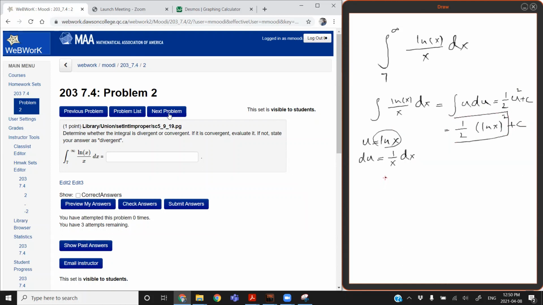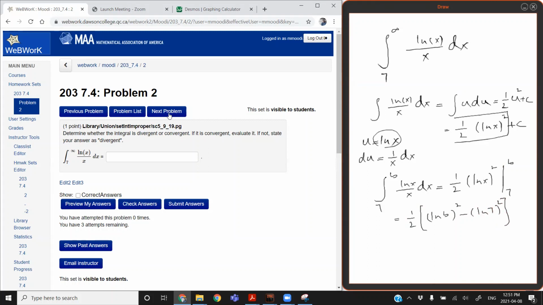So when I calculate integral from 7 to b of ln of x over x dx, this is going to be 1 over 2 ln of x squared from 7 to b. So that's going to be 1 over 2, which I can factor out, ln of b squared minus ln of 7 squared.